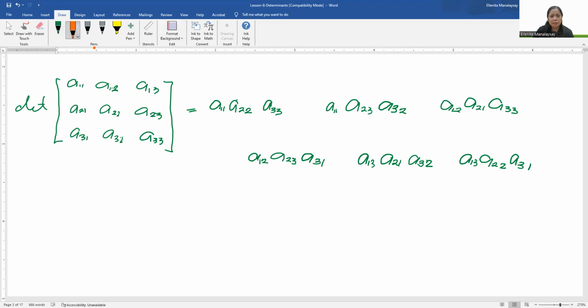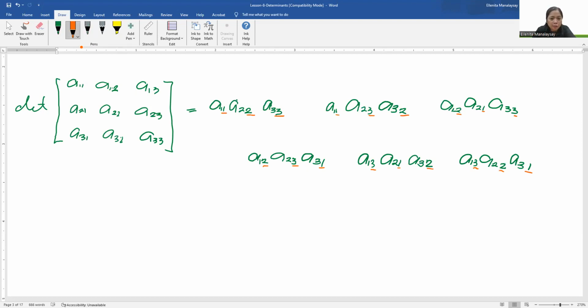But the next thing that we will decide will be the sign. And the sign, our reference will be the column numbers. We count the number of inversions so that we can decide whether this is odd or even.